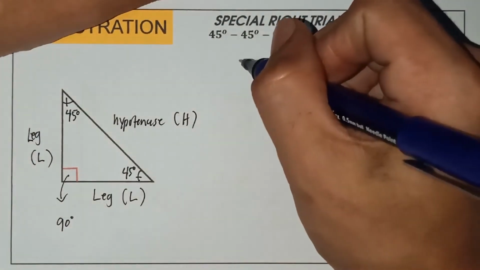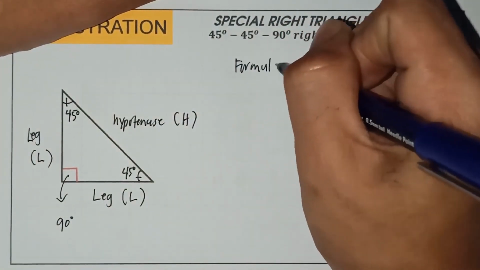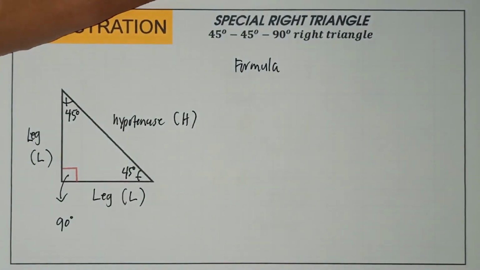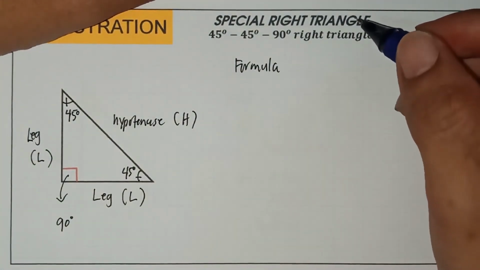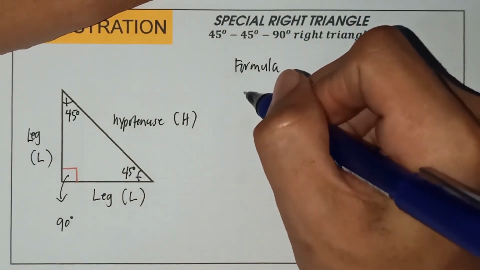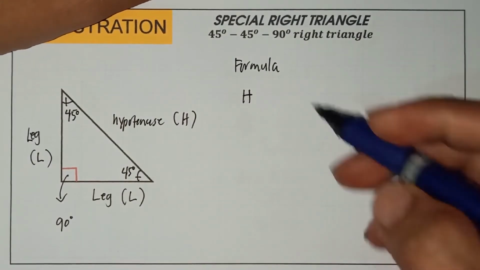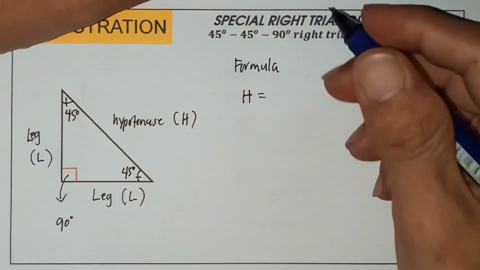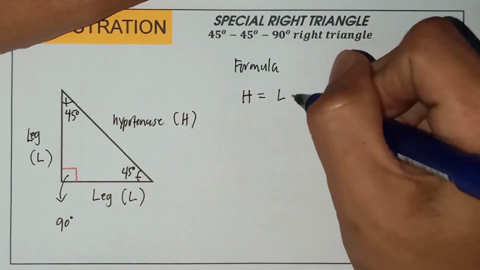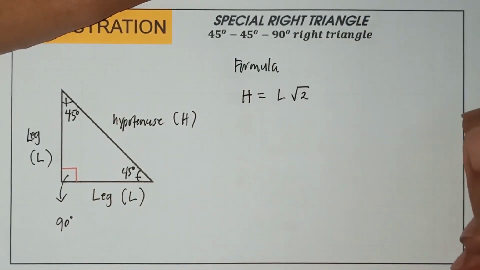The formula for the special right triangle 45-45-90: whenever we look for the hypotenuse, it is equal to the leg times square root of 2.